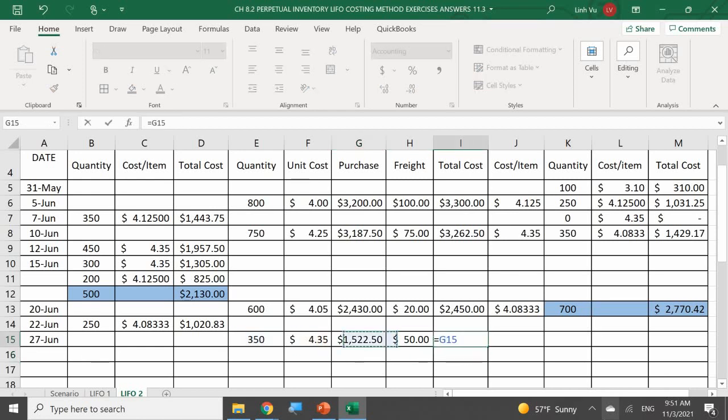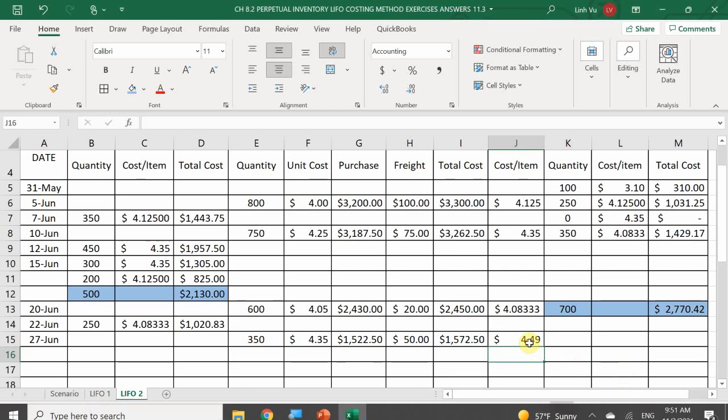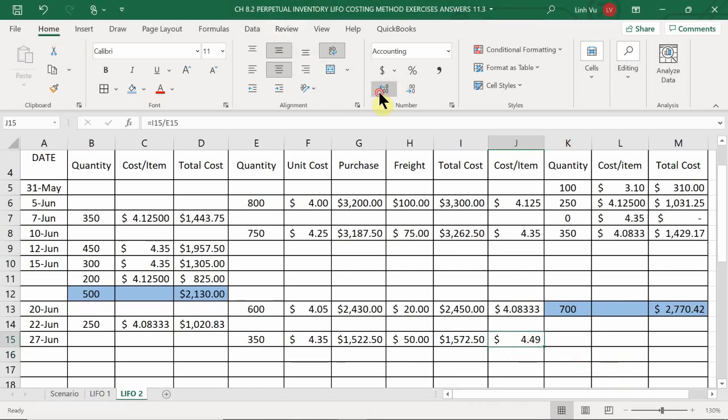Good. Plus 50, 72.50. Okay. So then what's my cost per item going to be? $4.40.492857. Good, right? So once again, I'm going to carry this batch over.